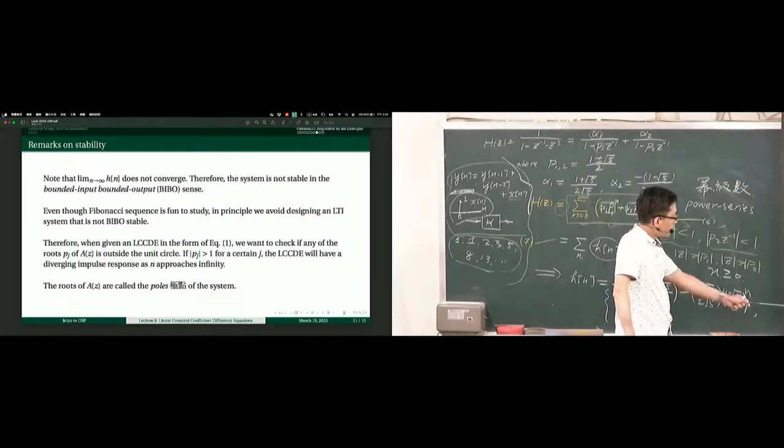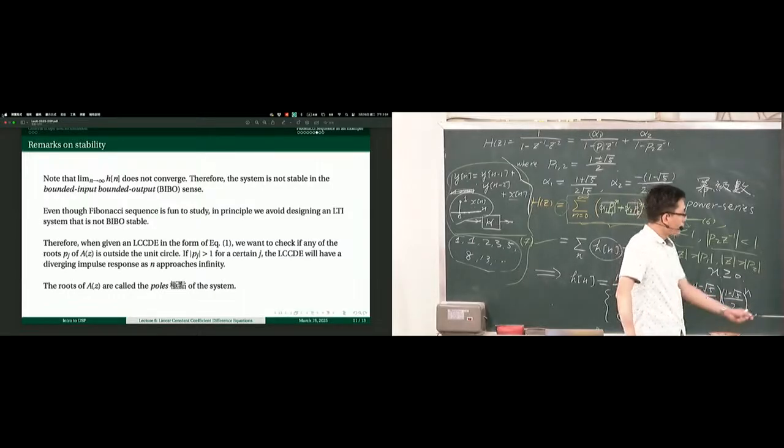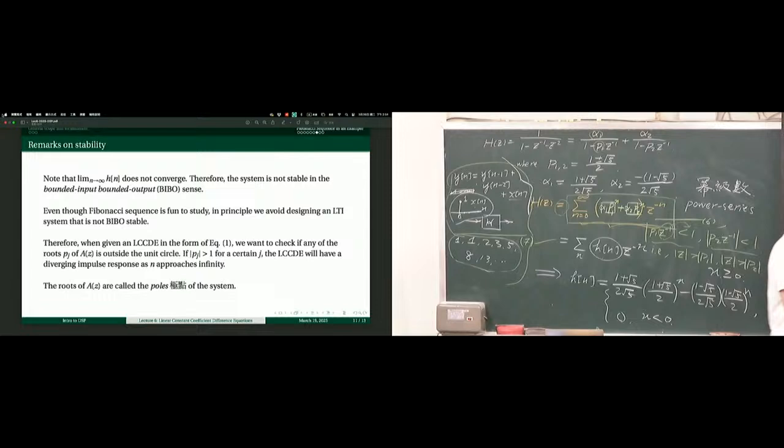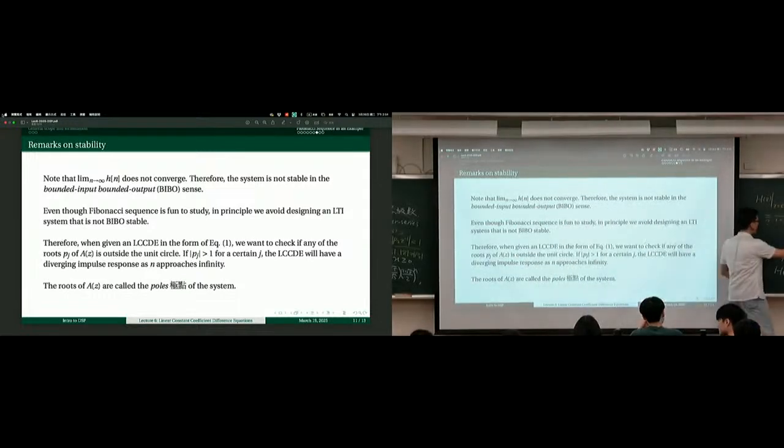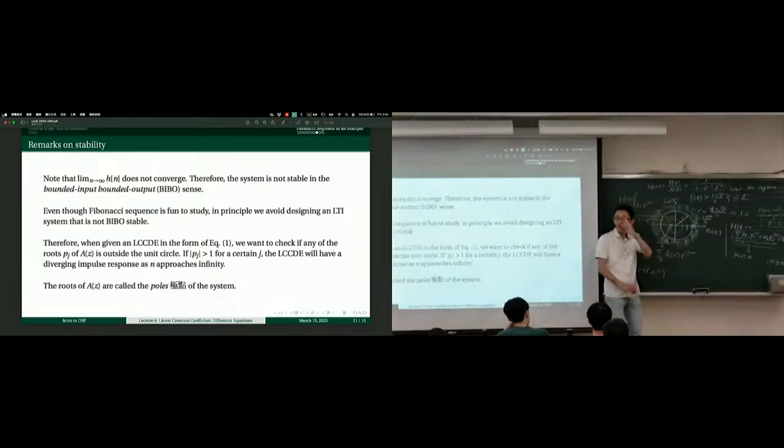And the final point on this slide is a definition. It's simply a terminology. The roots of A of z, I mark the two roots with crosses. We'll keep using this notation throughout the semester. Wherever on the complex plane A of z is 0, the roots of A of z are marked with crosses.